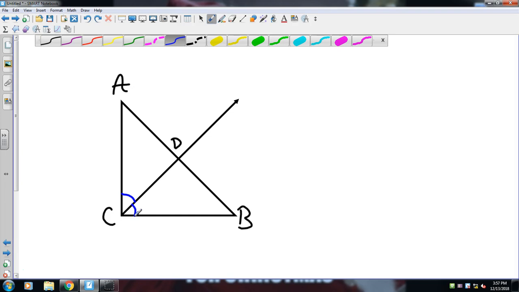So in this case, AD over DB is going to be proportional to CA over CB.